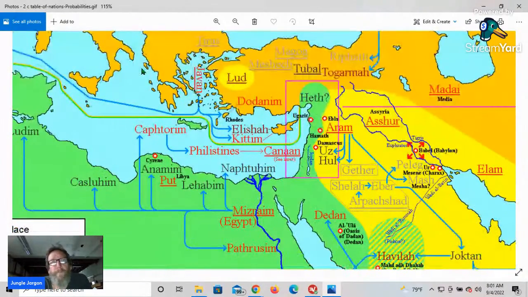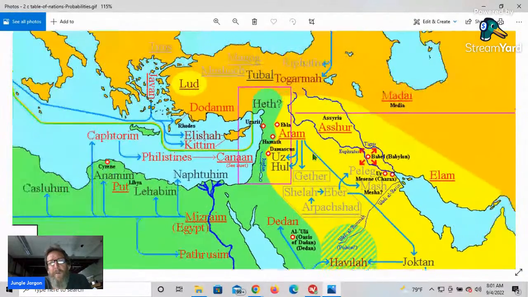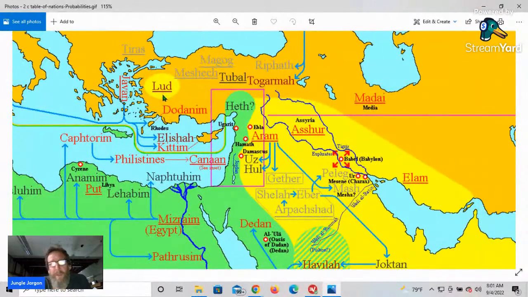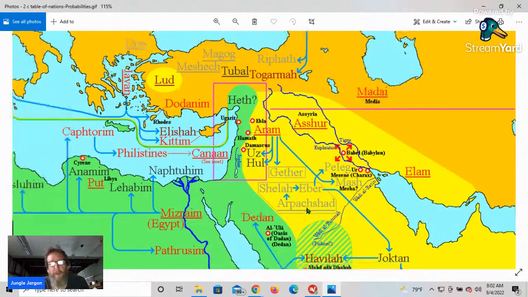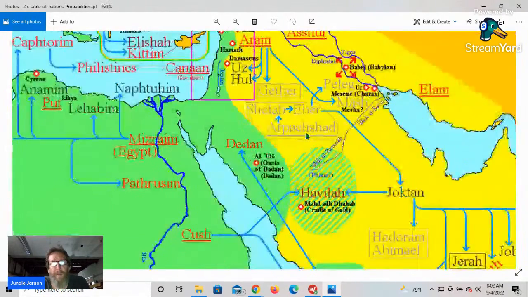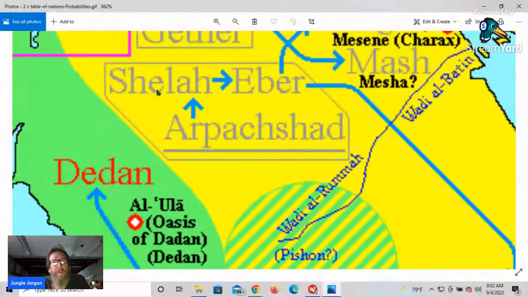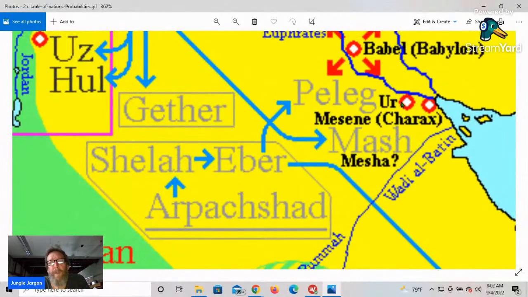And of course the descendants of Shem are Lud of the Lydians, Aram of the Arameans, later the Syrians, Asher of Assyria, Elam, and of course, I don't know if you can see it very well, it's Arpachshad, Sela, Eber, and Peleg.